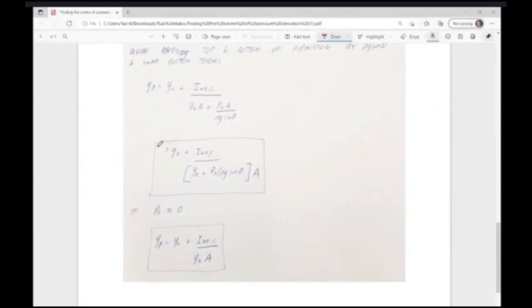The atmospheric pressure is pretty close to zero. So if P0 is close to zero, that term is going to disappear. So we end up with YP equals YC plus Ixx around the centroid divided by YCA.